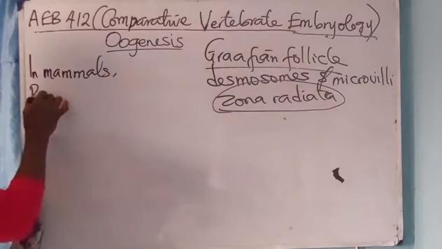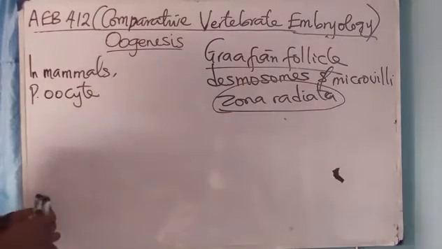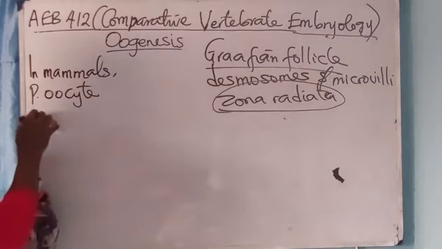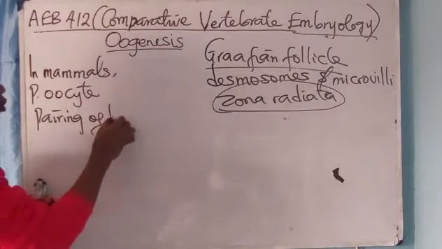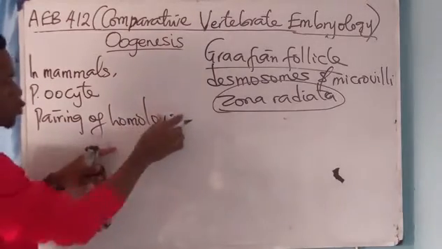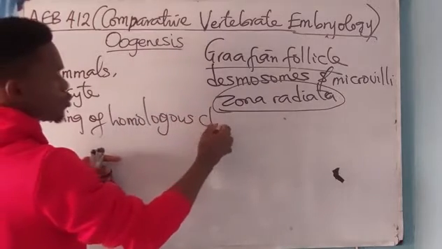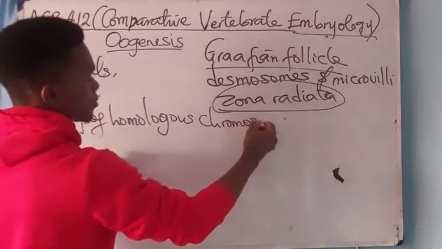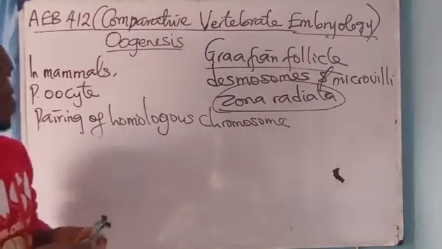A primary oocyte. Then at this point, there's what we call pairing of homologous chromosomes.